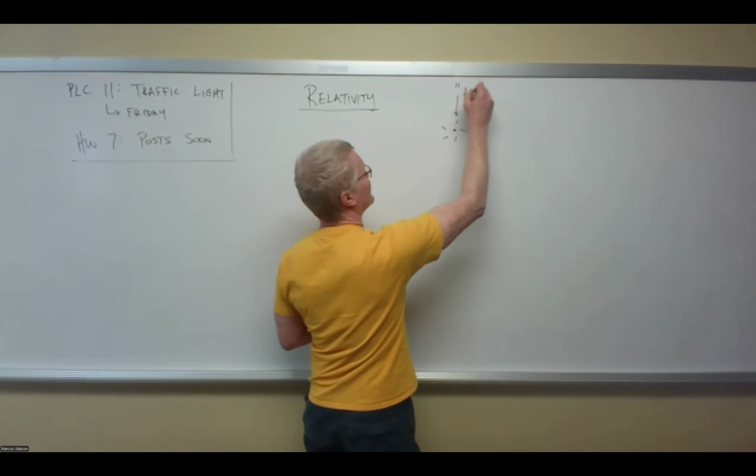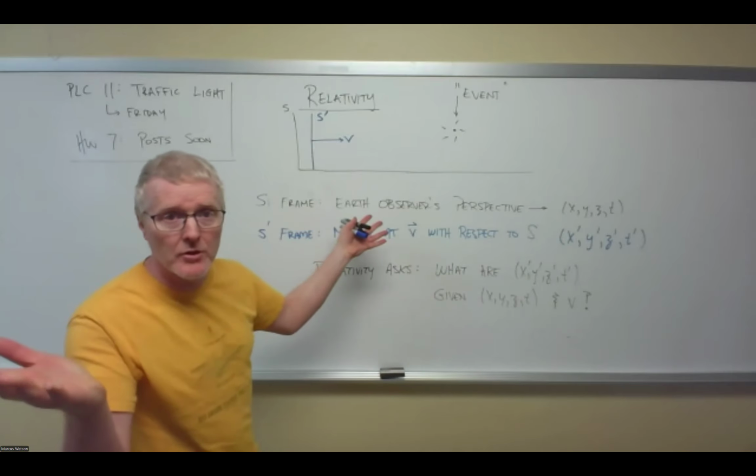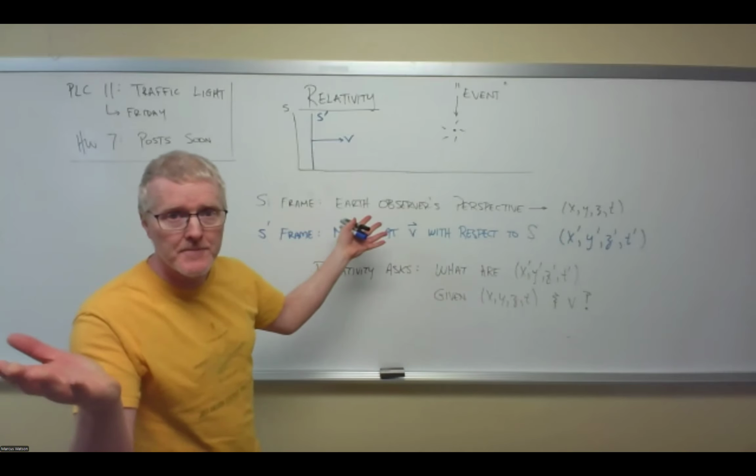So the question of how does physics change when you put yourself onto a moving platform, or a moving frame of reference? How does it change? What looks different from this perspective relative to the one where we were at rest on Earth?